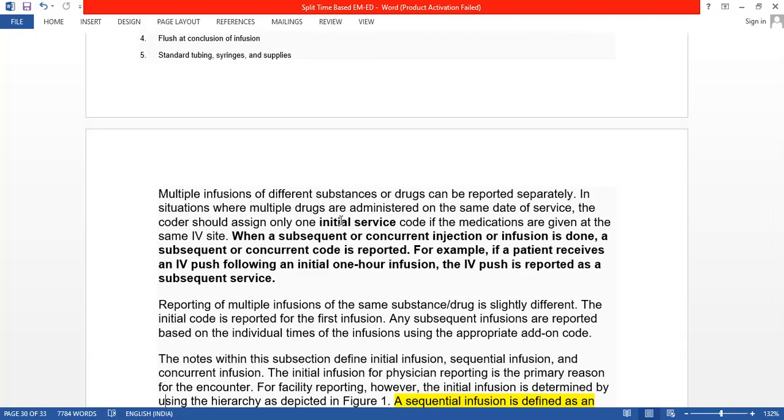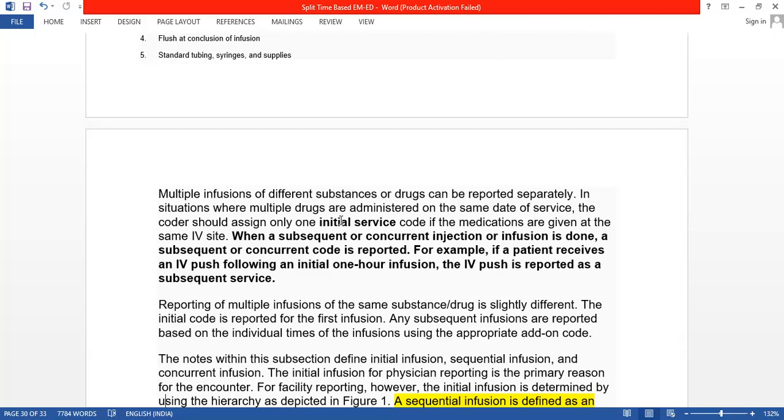If you don't have any IV push and you have, for example, only hydration, then obviously hydration will be the initial. So you have to be very careful when coding the initial. You can only code one initial out of infusion, injection, and hydration.